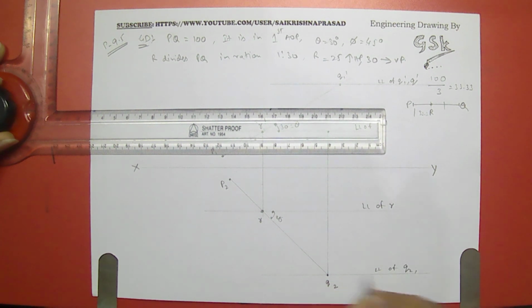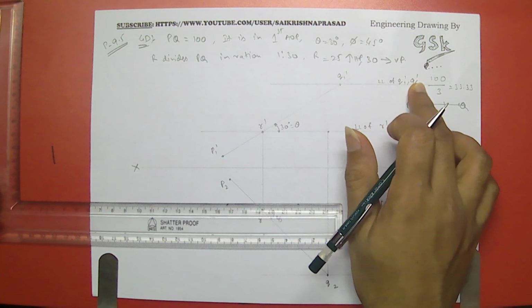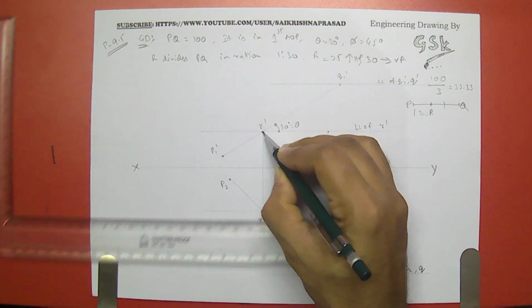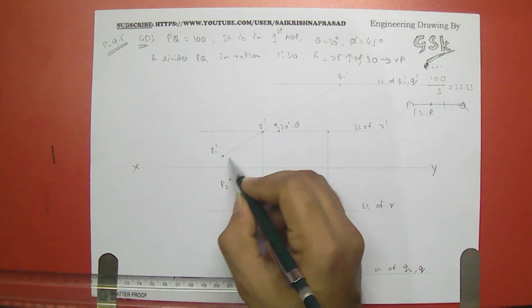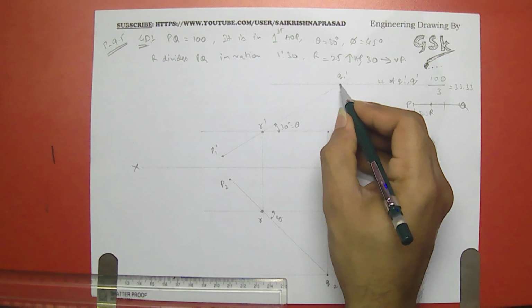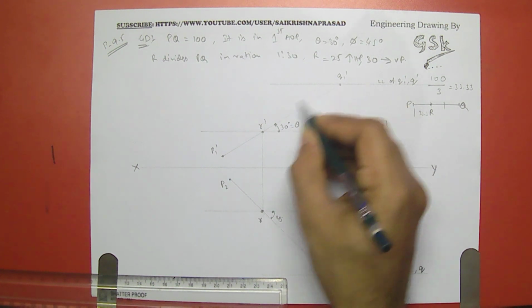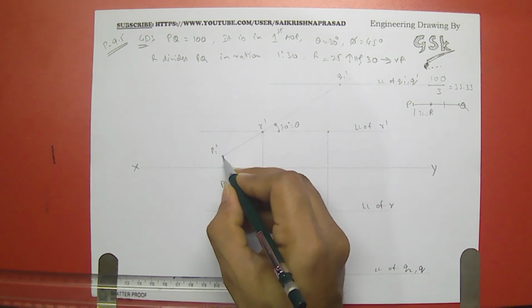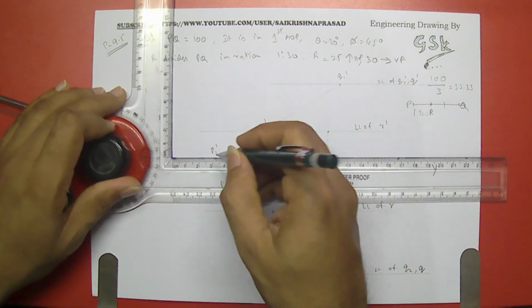because on this line only your Q would be coming, and on this line your Q dash would be coming, because already one of the points in between the line is given, R dash and R. So obviously if we join the line from this to this one and extend up to this one, we'll be getting another point P dash.